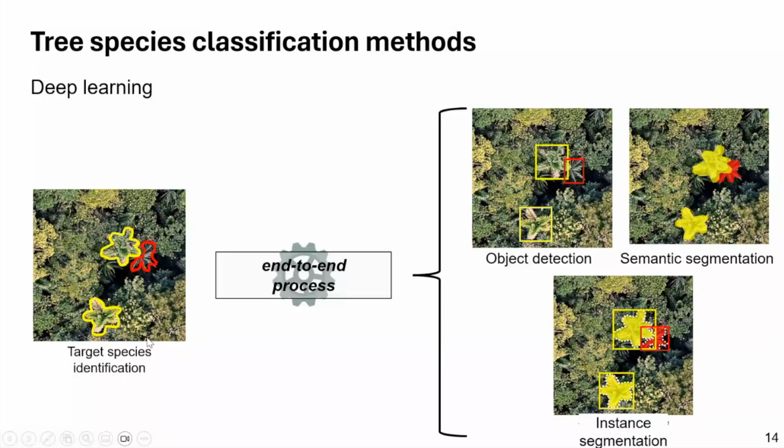So if you have an image and we have the target trees located in this image, we can pass this image through a set of convolutional layers, and these layers will extract the main attributes, and then we can perform either object detection, in which we will locate the bounding box of the target trees, and also semantic segmentation, in which we will label each of the pixels that are of interest, and instance segmentation methods will combine object detection and semantic segmentation.